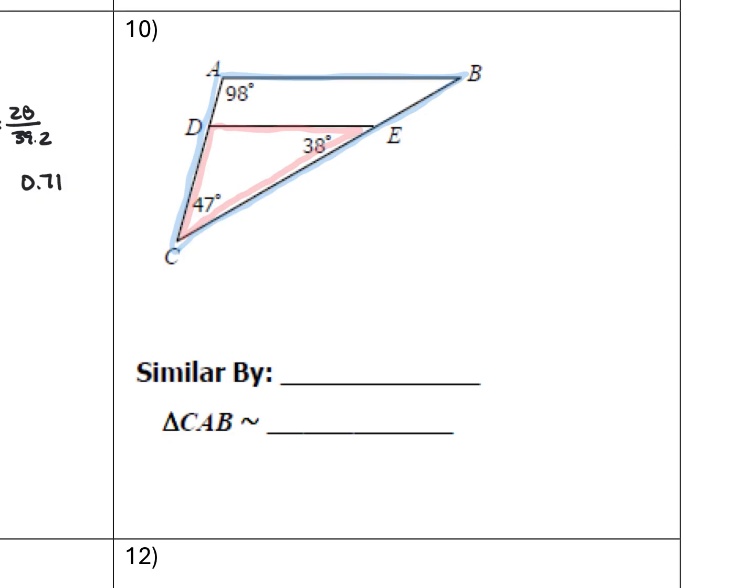So I'm going to take 180 minus 47 minus 38 to see what that angle is. So 180 minus 47 minus 38 is equal to 95. Since these two angles are not the same, these are not similar.